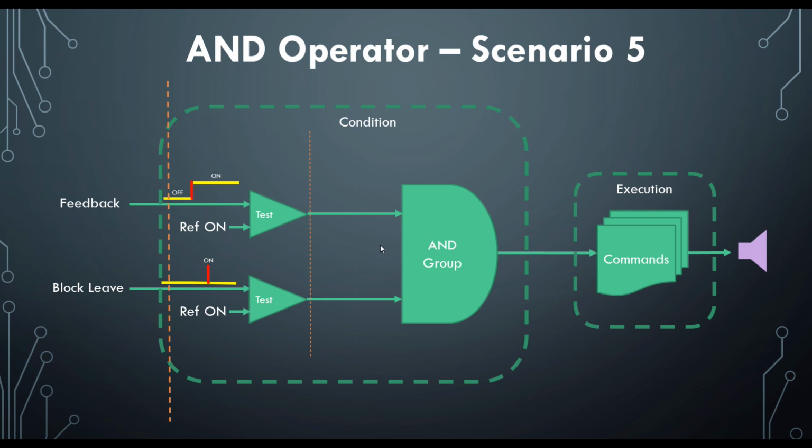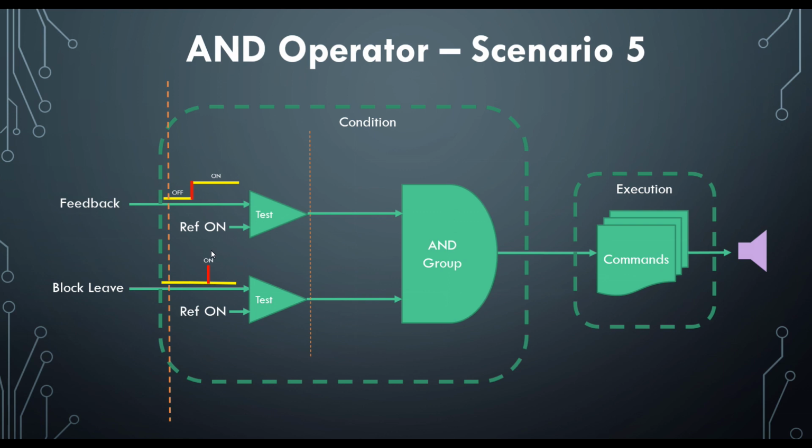Okay, scenario number 5. So this is different because now we have a block leave element instead of the block enter. This is still what we call a dynamic event or dynamic element, but it's of the trigger only type.